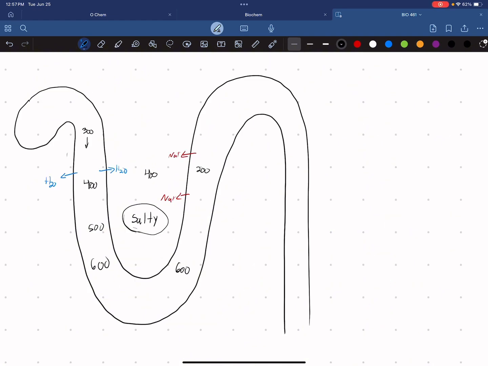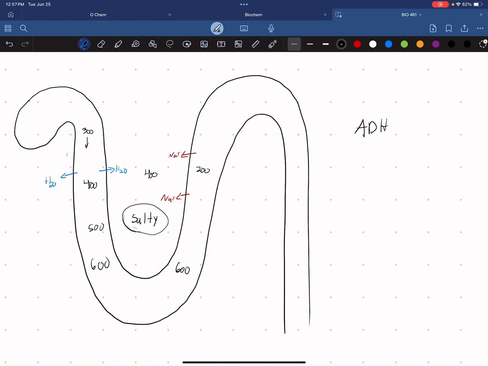Using this concentration gradient that we have established here, we have the collecting duct. We know that ADH, or antidiuretic hormone, acts only on the collecting duct.